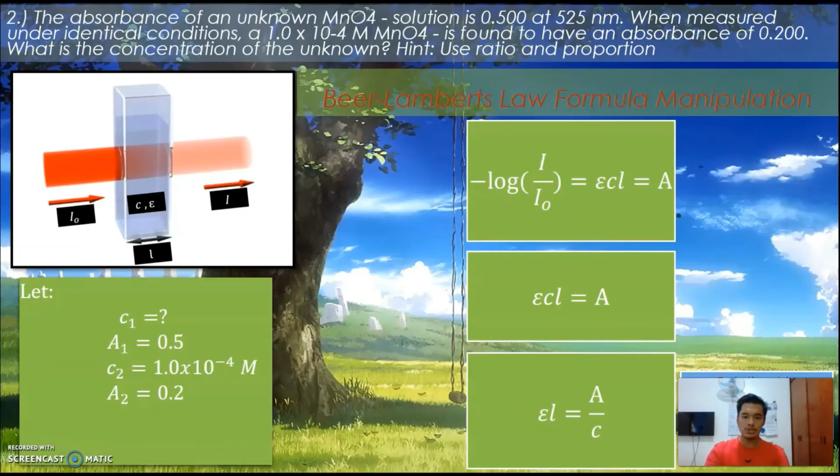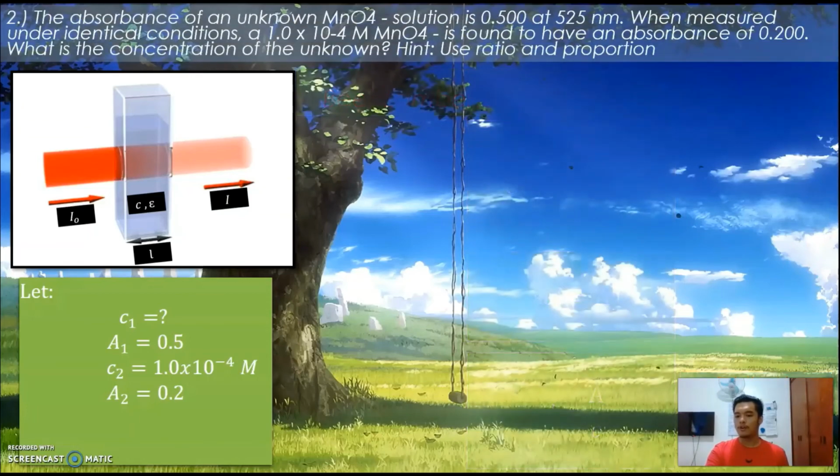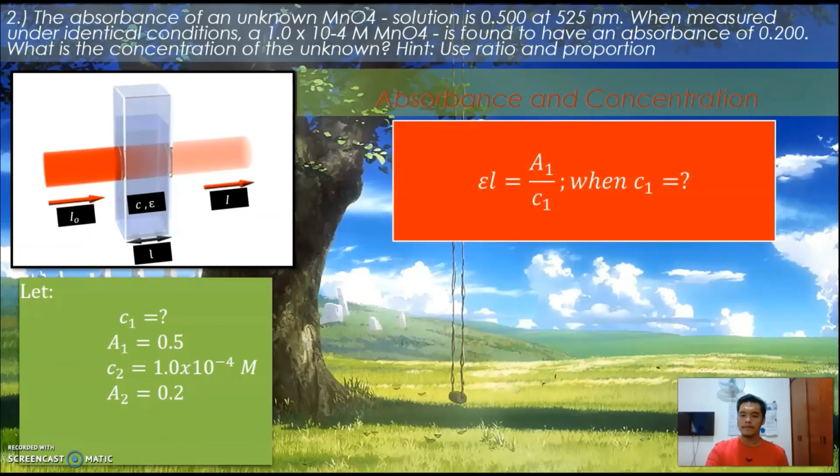And since they're using the same machine to measure this, that means they're also using the same cell, which means that L is constant between the two. Therefore, we can say that at the first measurement, A1 over C1, when C1 is unknown.